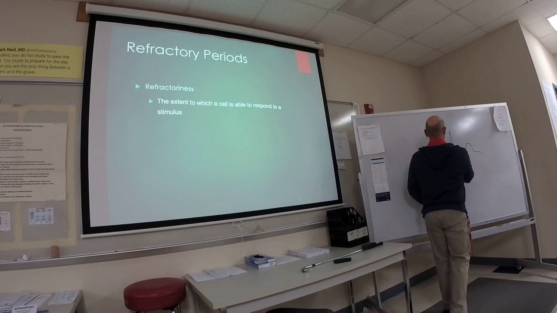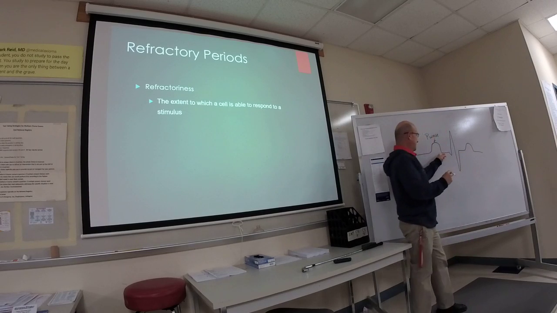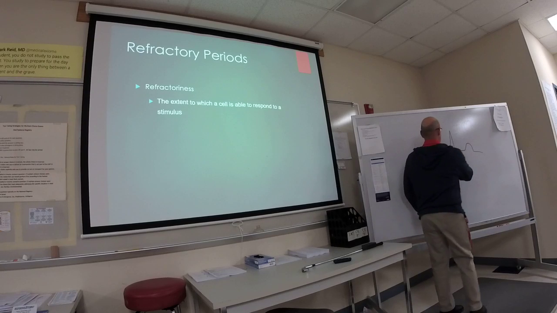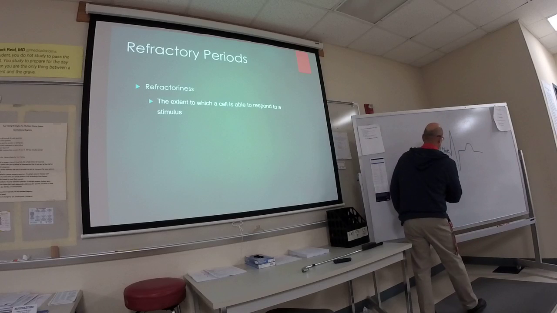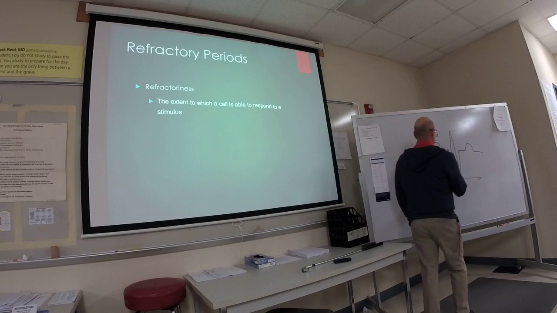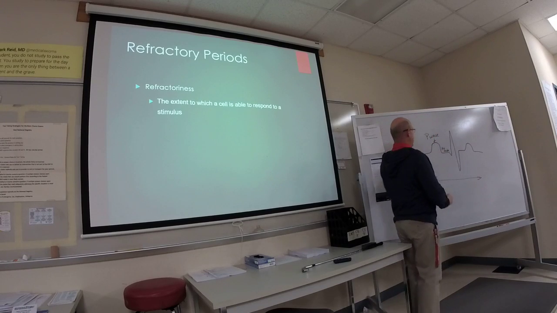This PRI, this space in between the P wave and the QRS complex, is where your AV node takes place. Because this is all time that goes through here. Time and amplitude.